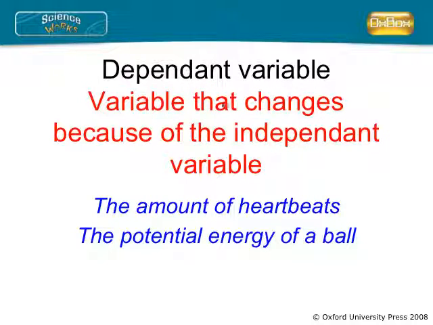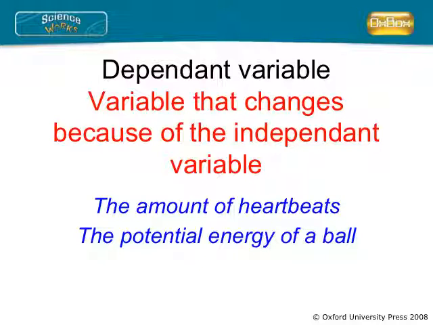The dependent variable is the variable that changes because of your experiment. So in the case of the exercise, the independent variable was the amount of exercise. The dependent variable is what happened to your heartbeat and your heart rate. So it's the variable that changes because of the independent variable.